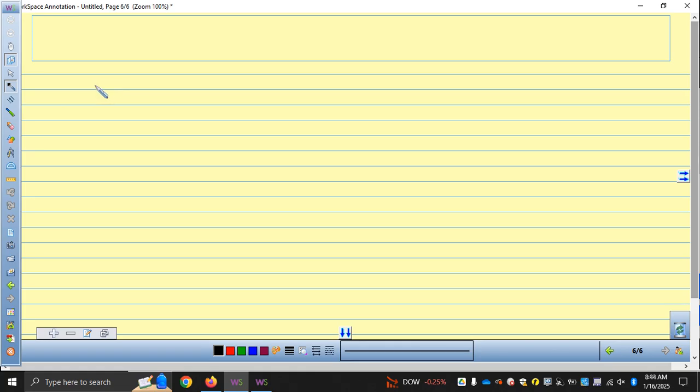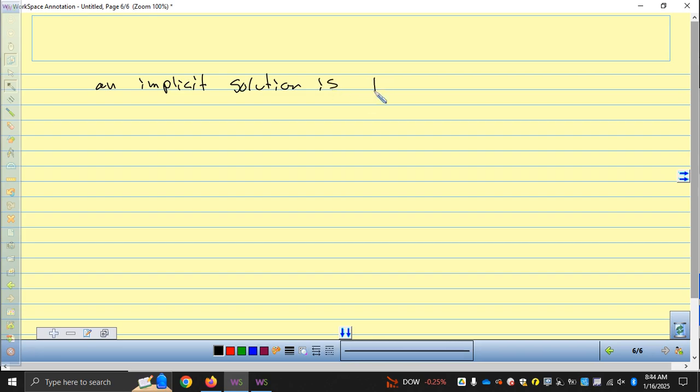An implicit solution is inverse tangent of 2y equals negative inverse tangent of x squared plus pi over 4. That would be a specific solution to our initial value problem. But what if we want an explicit solution?